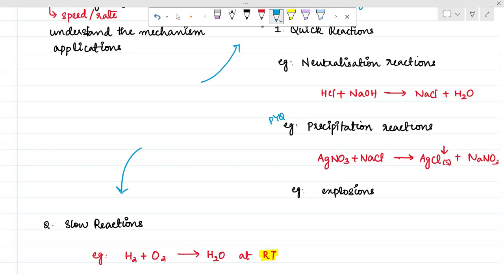None of the principles we are going to learn can be applied to very quick or very slow reactions. Not applicable. We cannot learn the speed or the rate of such reactions.